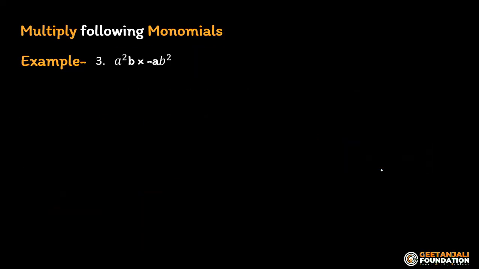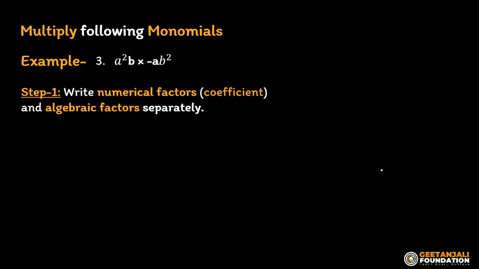Now next question, we have to multiply a square b with minus ab square. So first step is we have to write numerical factors and algebraic factors separately. Let me write this question first. It is a square b times minus ab square. You can see there is no number written over here.